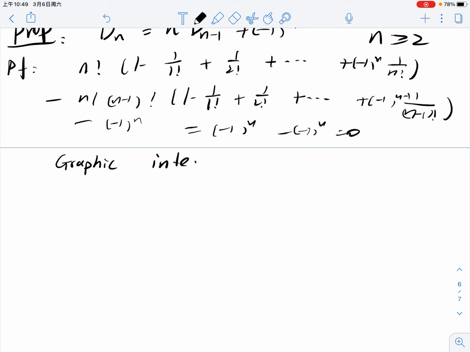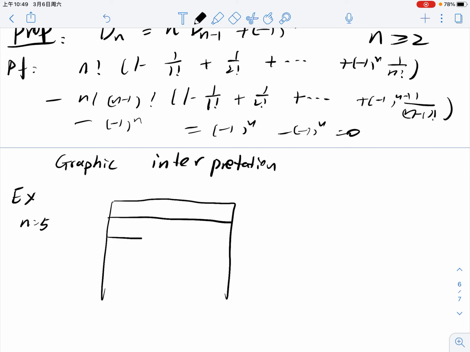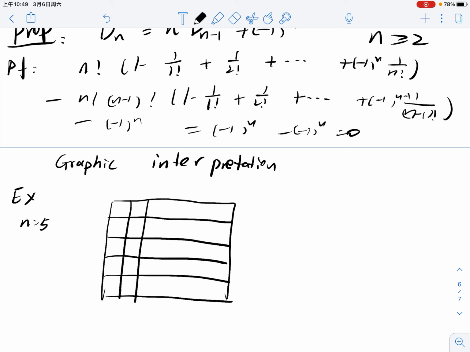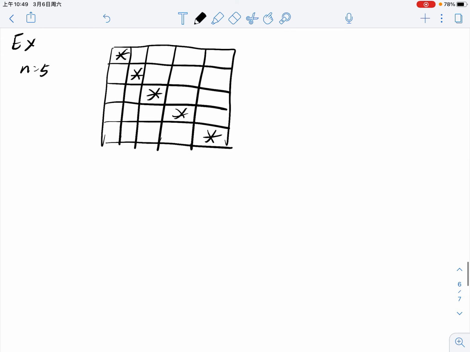So we have the following graphic interpretation. For example, when n equals 5, what is a derangement? Derangement is one-to-one onto.